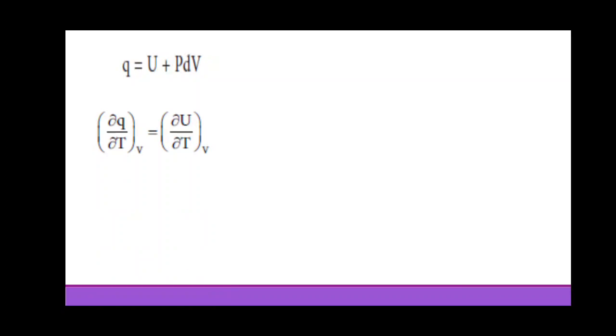Now ∂Q/∂T at constant volume equal to ∂U/∂T at constant volume V. The suffix V indicates constant volume. So what is Cv? Molar heat capacity at constant volume, Cv equal to ∂U/∂T at constant volume. That is Cv.